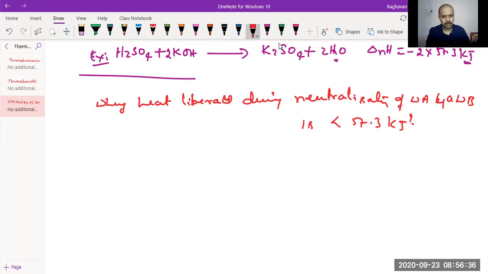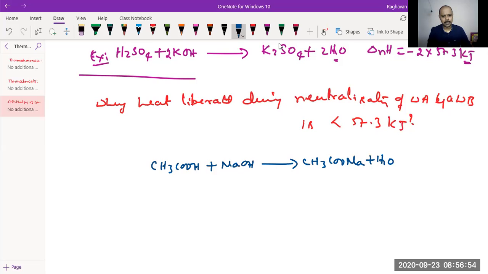Now I'll take the same example. Acetic acid, NaOH. The reaction expected is sodium acetate and water. Now weak is acetic acid. This is strong. I have taken 1 equivalent mass of both.